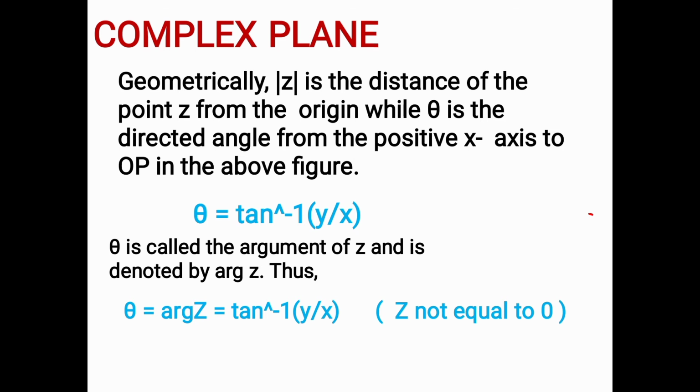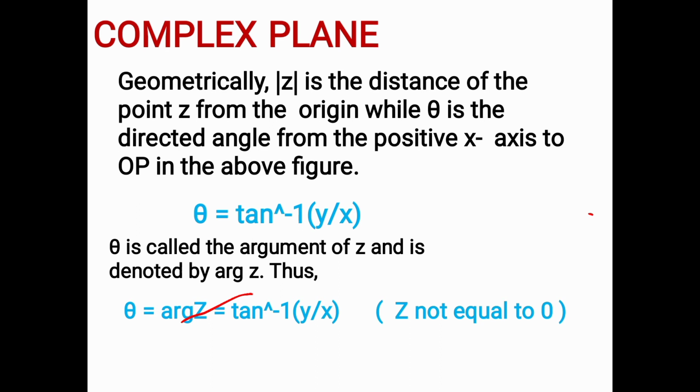Then tan theta is ordinate by abscissa, ordinate equal to y, abscissa equal to x, and theta equals tan inverse y by x. This is new trigonometry, to be learned later on. Hence, theta is also known as the argument of z, arg z, tan inverse y by x. But remember, z is not equal to 0.